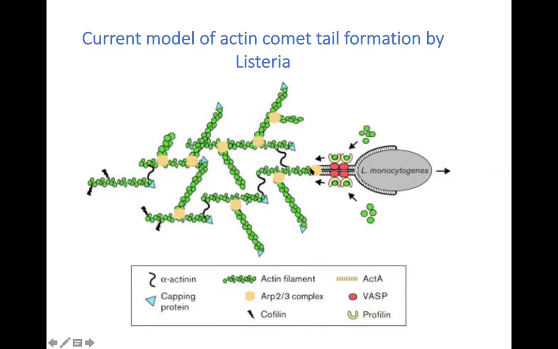You get assembly of these actin filaments. They rapidly become capped. We'll learn the same thing happens during lamellipodial extension by actin assembly. And they're also cross-linked by this protein called alpha-actinin. And then the tail eventually gets chopped up, as we'll learn in Unit 5, by this severing protein called cofilin back here. That's it for paper 5.